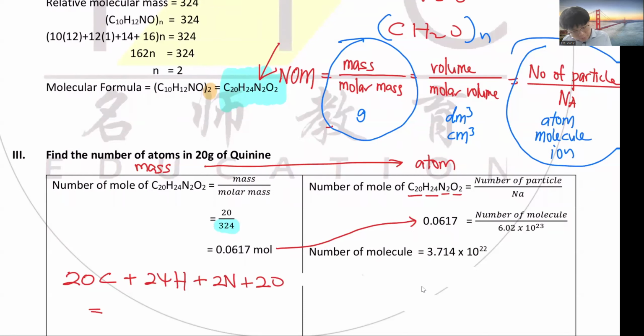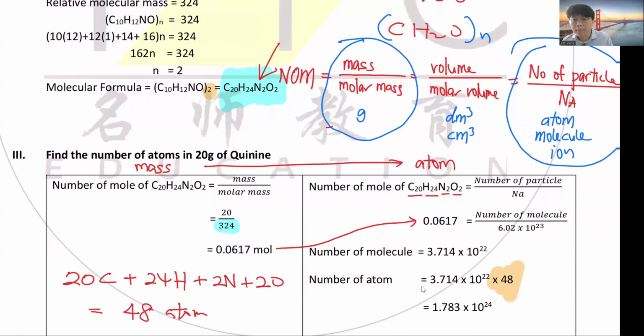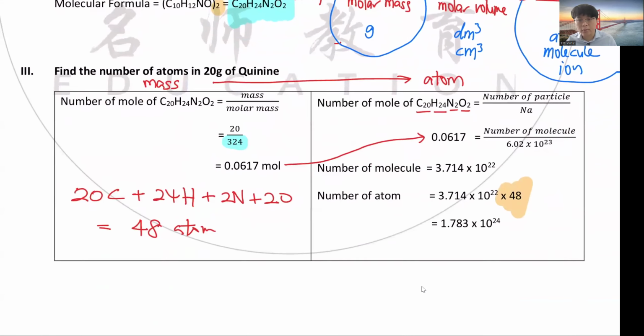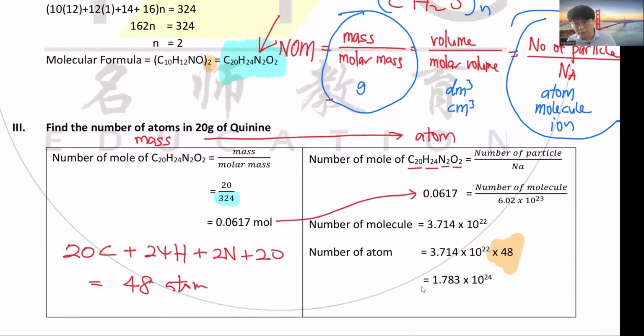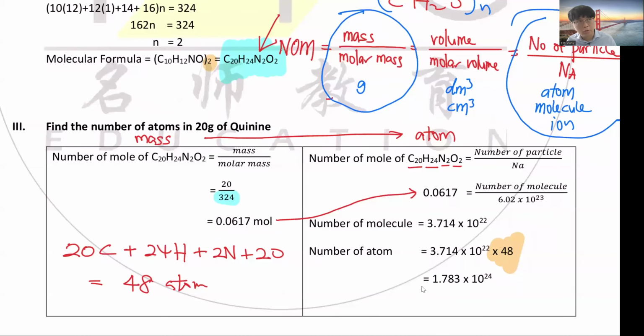So total up you have how much? 48. So you times 48. This one normally is the essay calculation. You can see a lot of steps involved here. In structure it can be full marks.